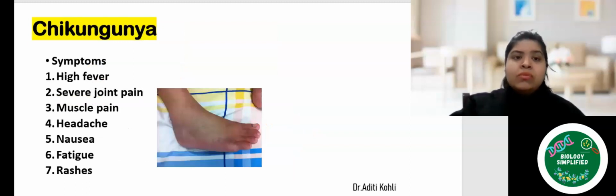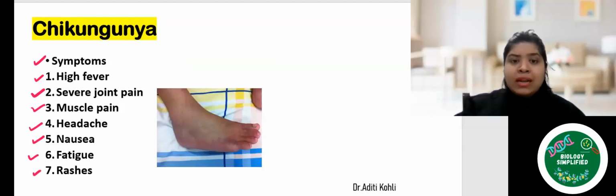Symptoms of chikungunya include high fever, severe joint pain, muscle pain, headache, nausea, fatigue, and rashes on the patient's body. For the treatment aspect, there is currently no vaccine available and no specific drug against the virus.